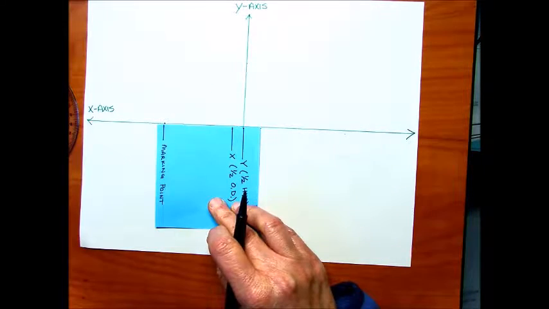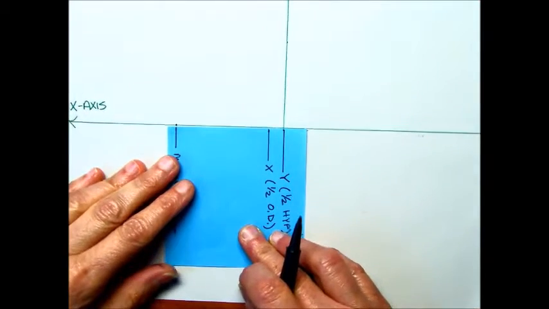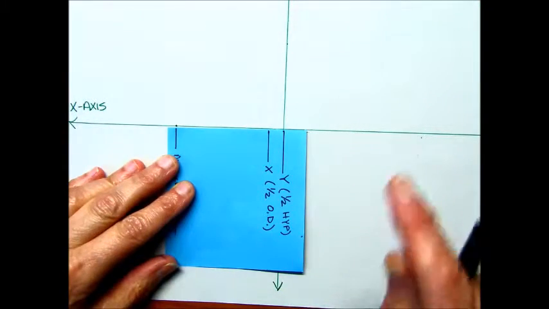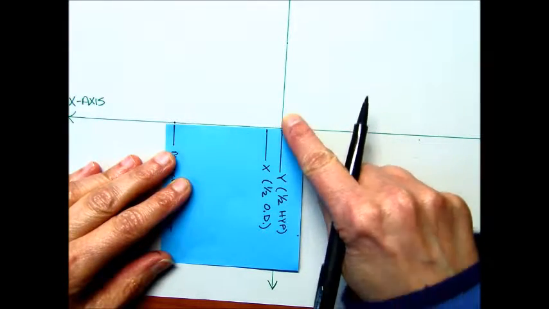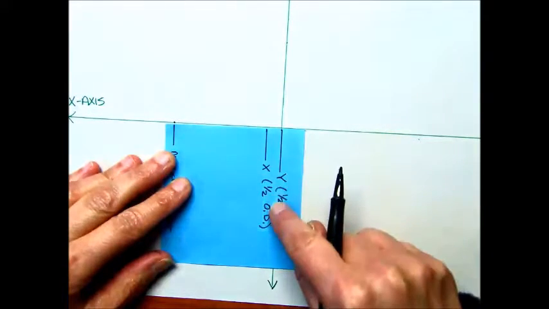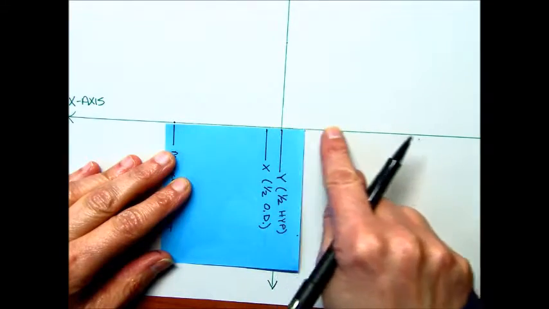I'm going to zoom in so you can see. What we're going to do is make points on all four quadrants, but we have to follow this rule. The y always has to be either going up or going down on the y-axis, and the x always has to stay on the x-axis.